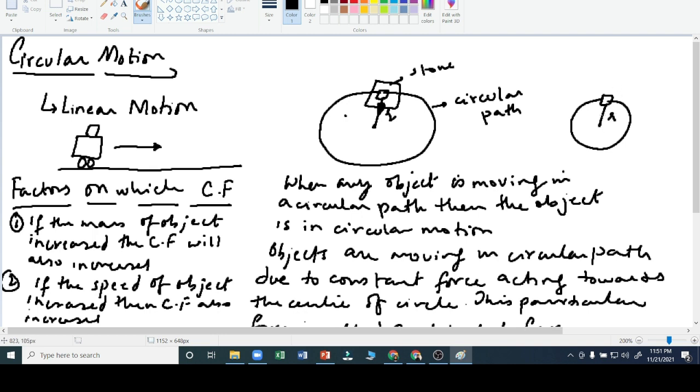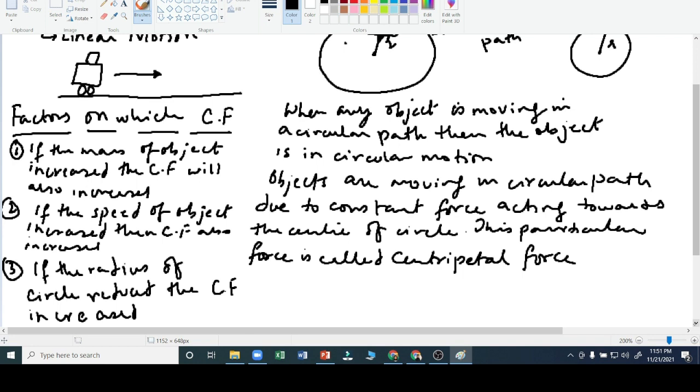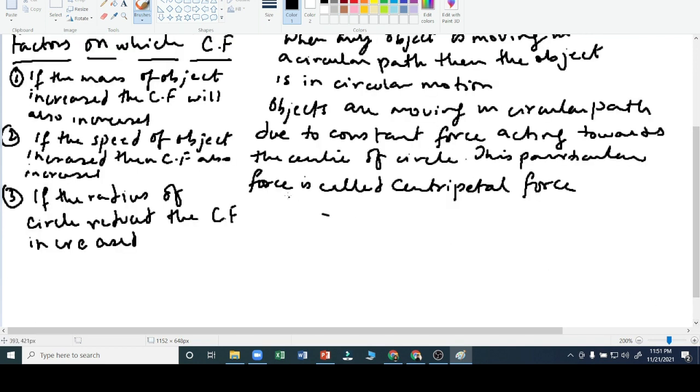So when the circle's radius is reduced, the centripetal force increases. So these are the factors on which the centripetal force depends.